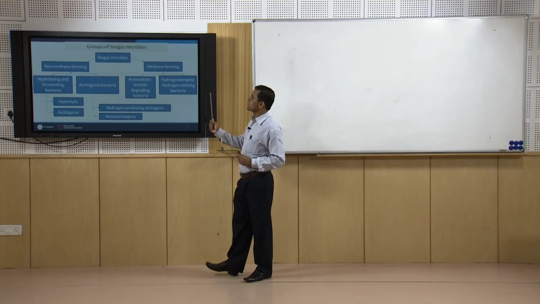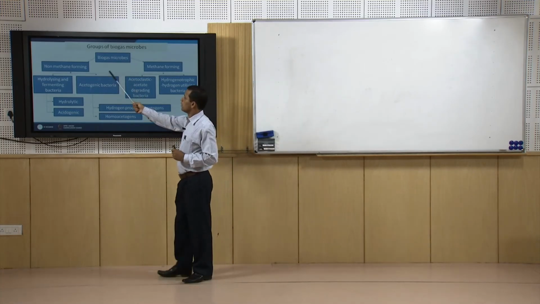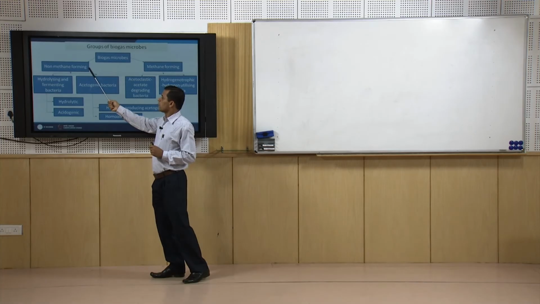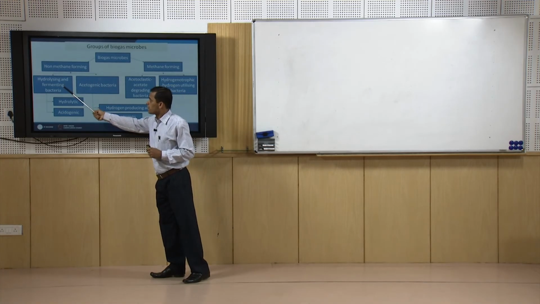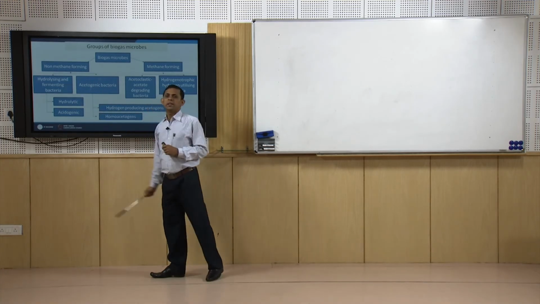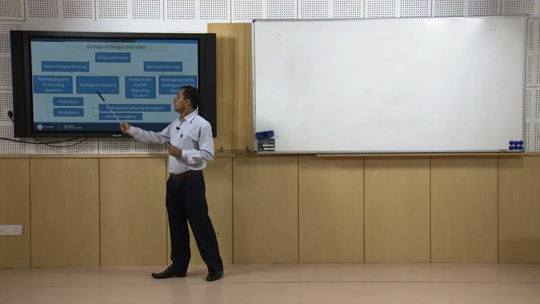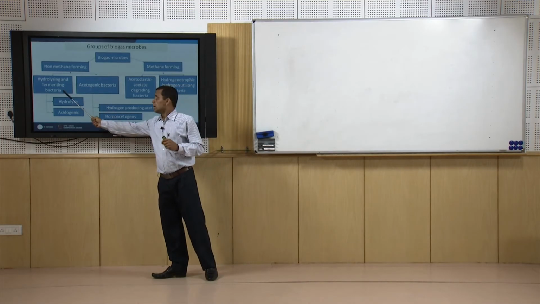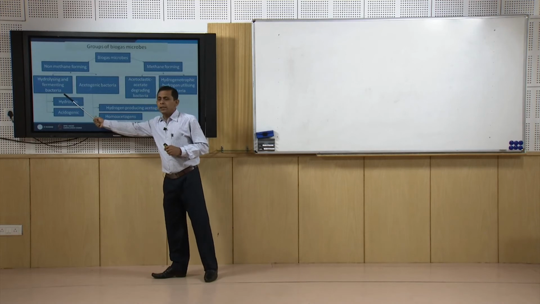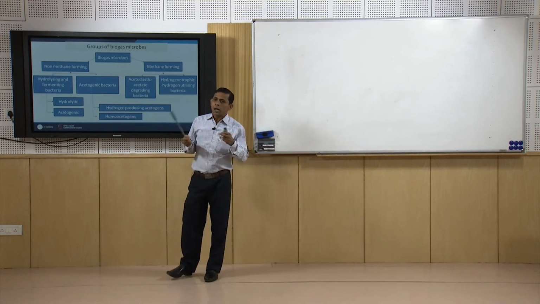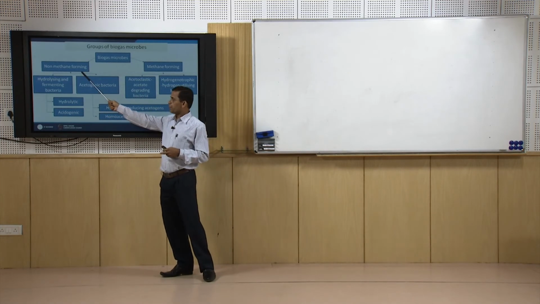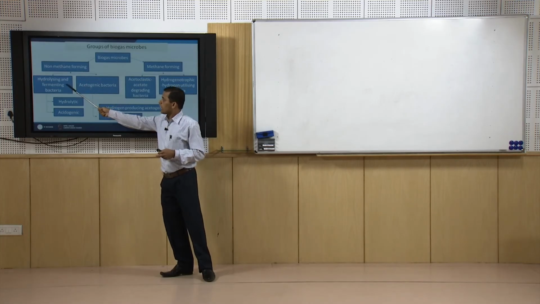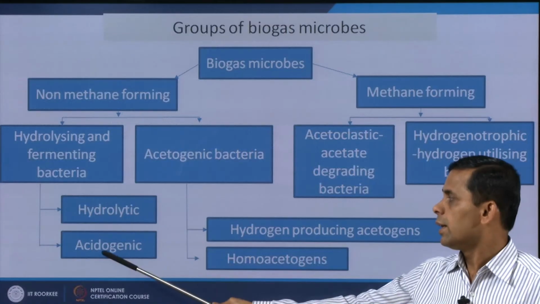So, the initial steps are carried out by non-methane forming microorganisms, and the different groups are hydrolyzing and fermenting bacteria and then acetogenic bacteria.